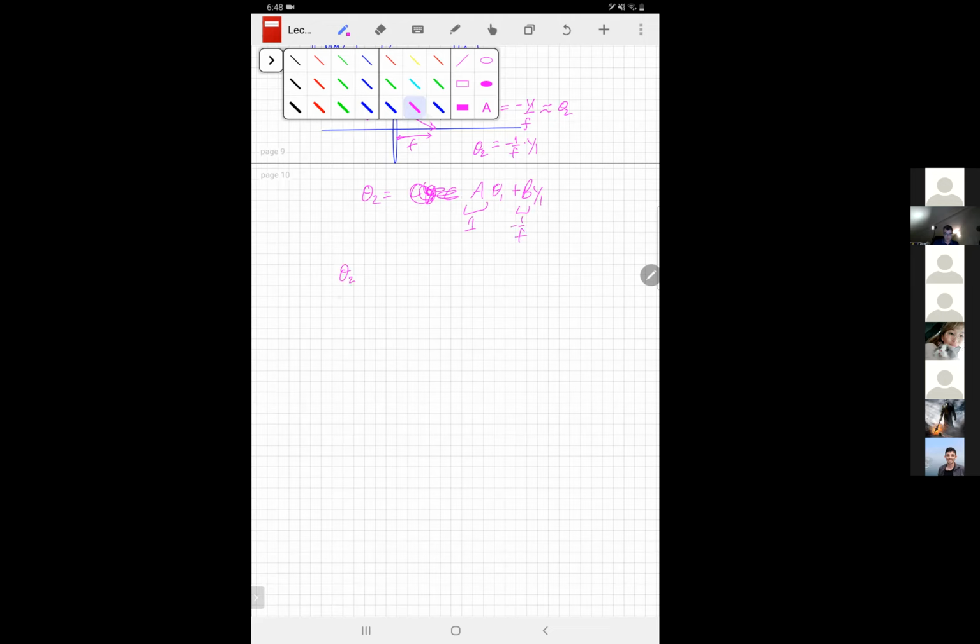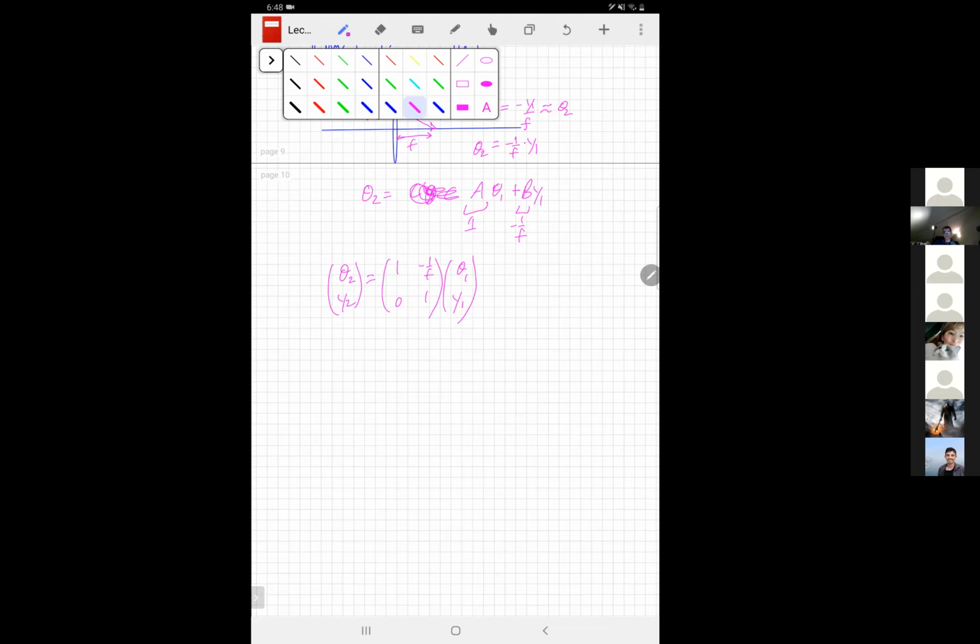So theta 2, y2 for a lens is the matrix 1, minus 1 over f, 0, 1, acting on theta 1, y1. Any questions so far?